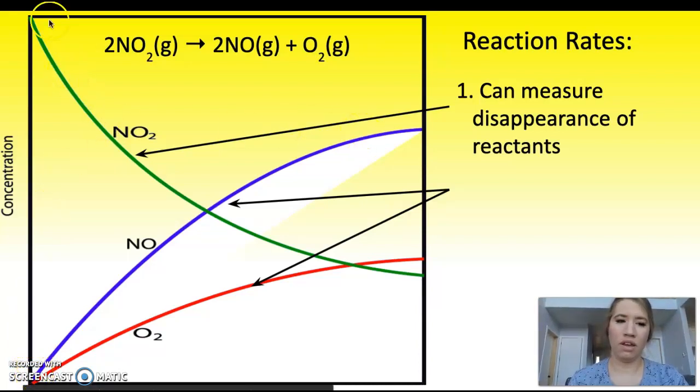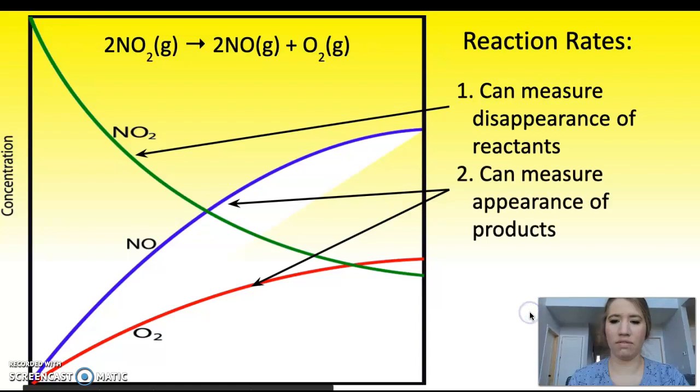And so we can see here that our reactant is disappearing, and our products are appearing. They're being created. Okay? But why would our nitrogen monoxide, why would we have more of those than our oxygen gas? If they're both products, then why do we end up with more nitrogen monoxide than our oxygen gas?